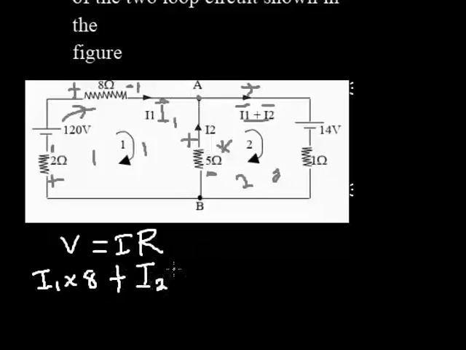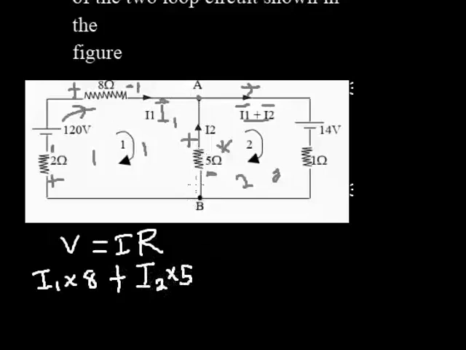The current passing through 8 ohm is I1, the current going through the first loop. So that's going to be I1 multiplied by 8. Let me still be moving. I encounter 5 ohm, the positive part of the 5 ohm. The current passing through 5 ohm is I2, so that's going to be I2 multiplied by 5.